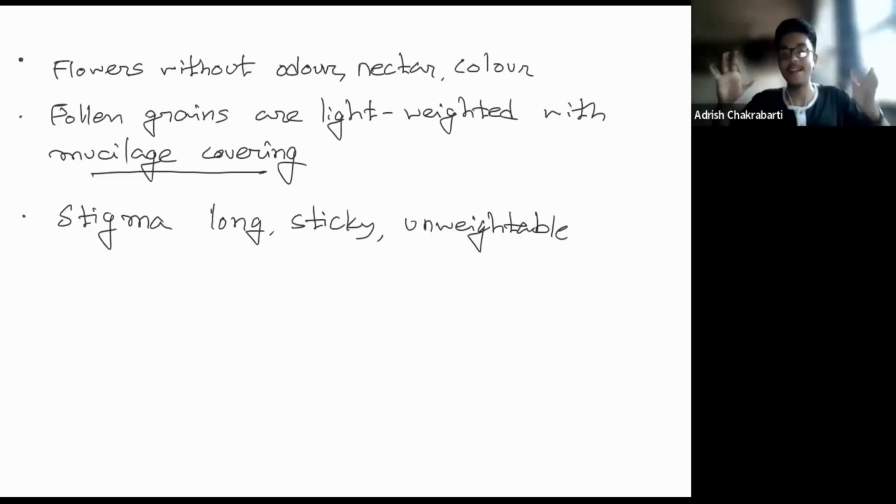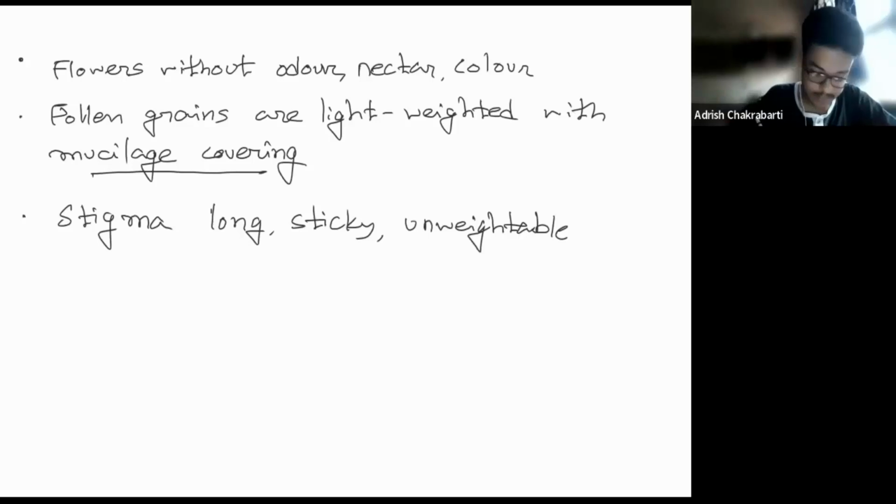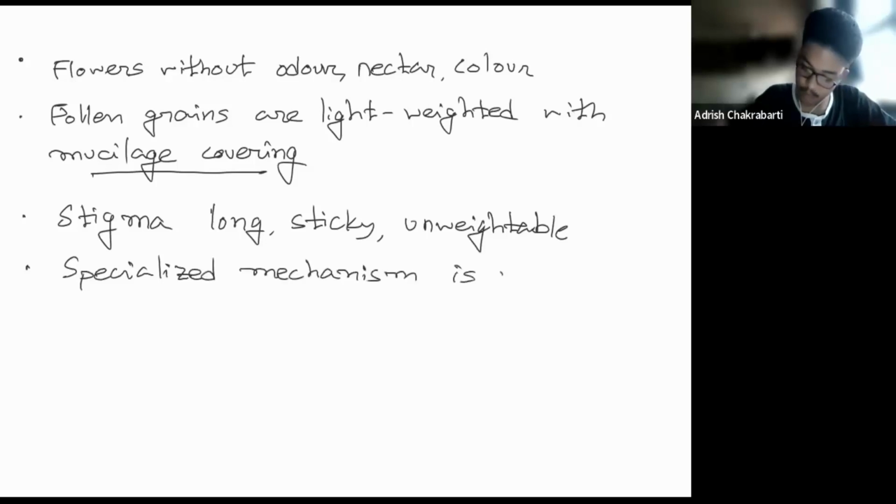So the stigma has to be long so that it has a wider area and can grab more pollen grains. It has to be sticky so that the pollen grain doesn't get drained off. And in this case also, sometimes you observe specialized mechanisms adopted by the aquatic plants.